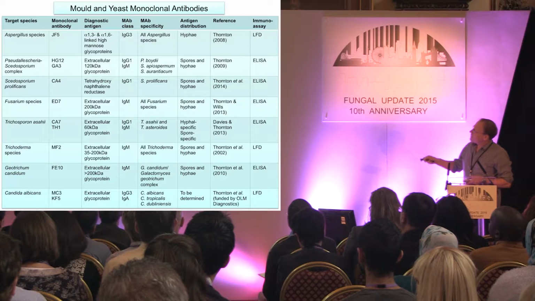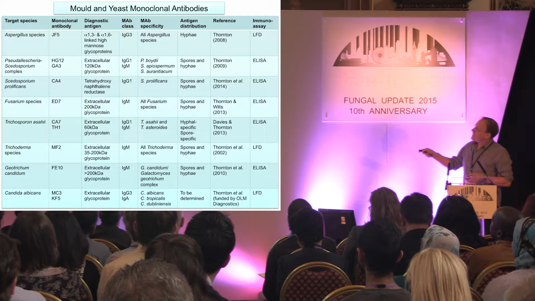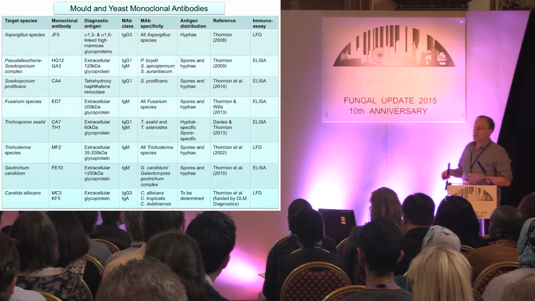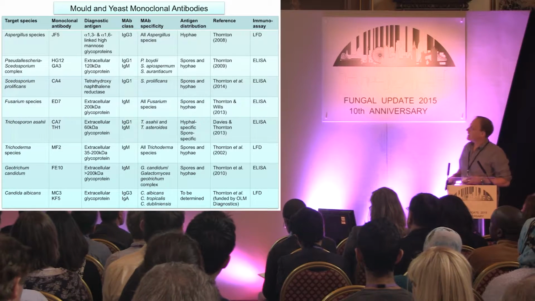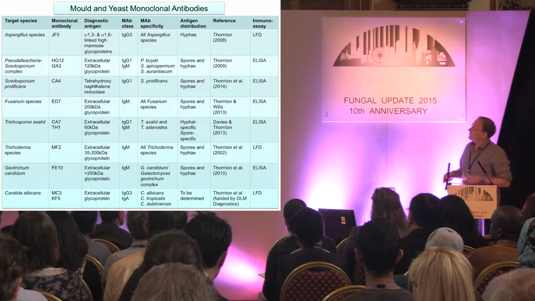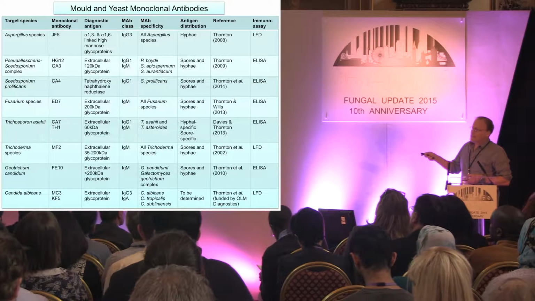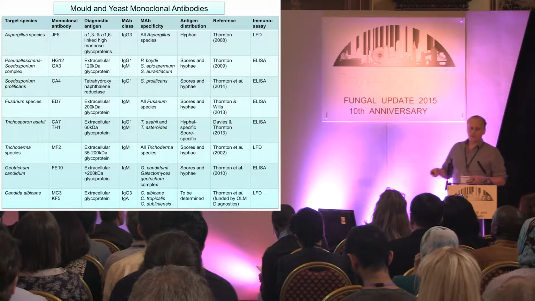What you'll see from the diagnostic antigen column here is that most of these antigens are pretty uncharacterized, because when you raise monoclonal antibodies to fungal pathogens in mice, which is the standard species for making hybridomas, fungi are unique, perhaps, in that they elicit a very strong immune response against carbohydrate.